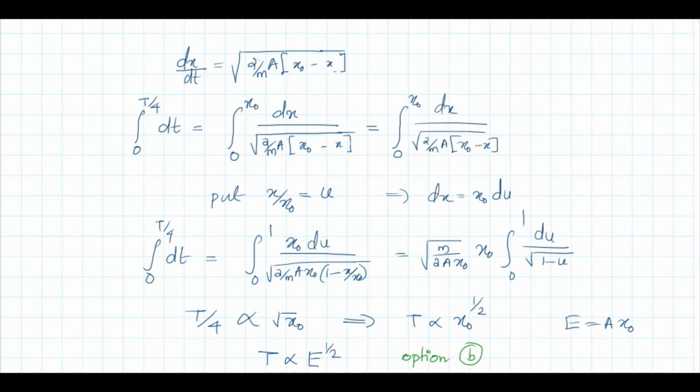But in order to find the dependence on x naught, you can simply make this integration over a variable which is dimensionless. Then you will get T proportional to x naught raised to half, or T proportional to E raised to half.